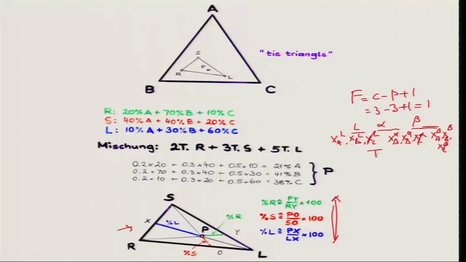Now, there are different types of three-phase equilibria. What are these? One is obviously the eutectic, liquid going to alpha plus beta. The second one is the peritectic, liquid plus alpha going to beta.